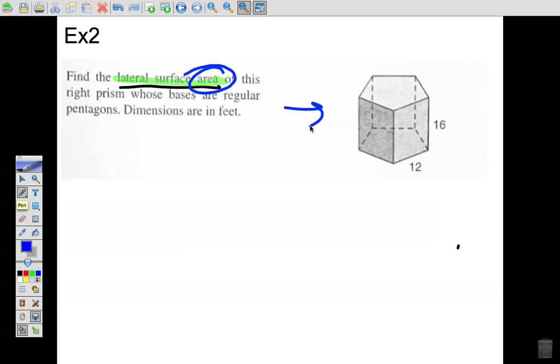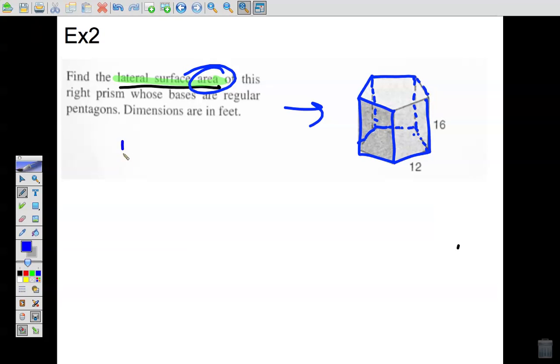Notice I've got one side that's 12 by 16, another side that's 12 by 16, a side back here that's 12 by 16, a side right in the back that's 12 by 16, and finally a side here that's 12 by 16. How many do I have? 1, 2, 3, 4, 5 of them.